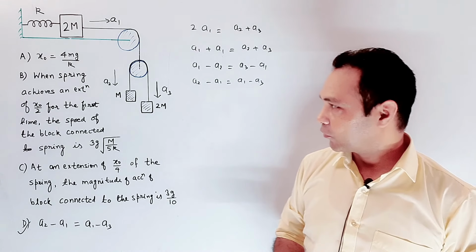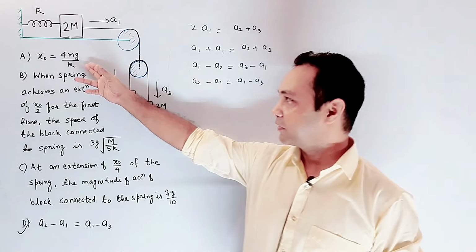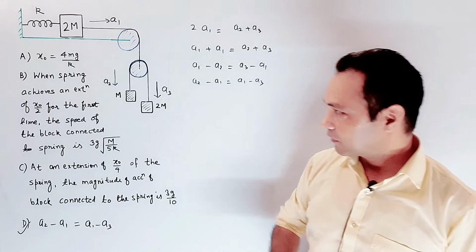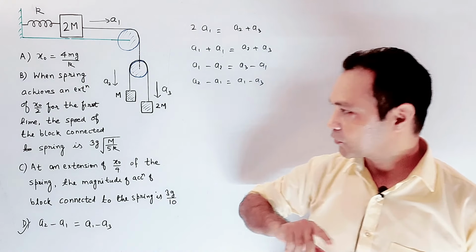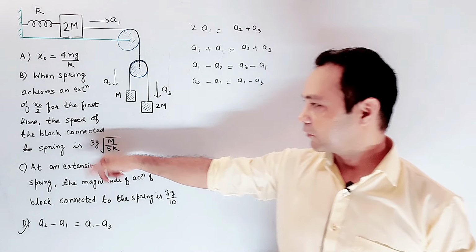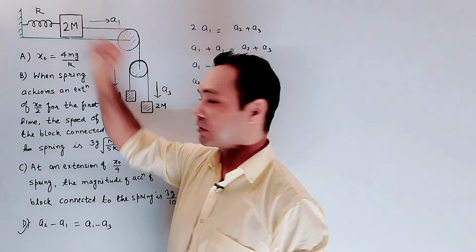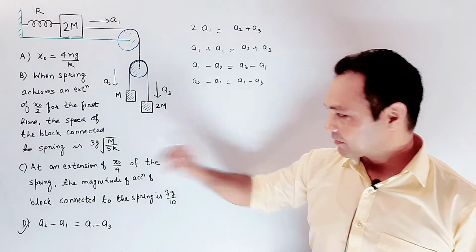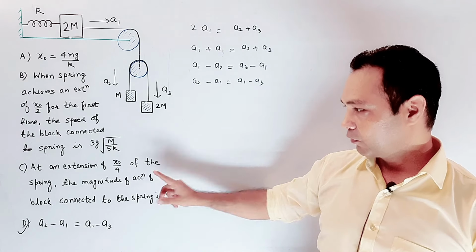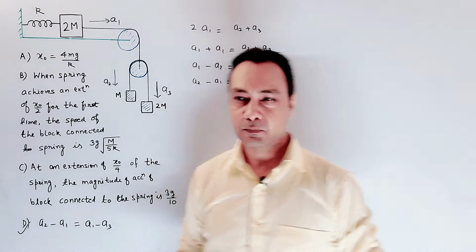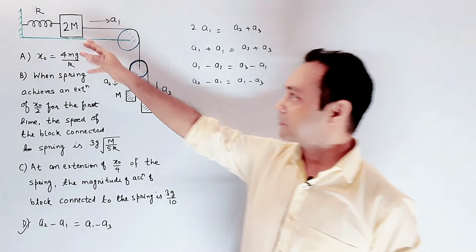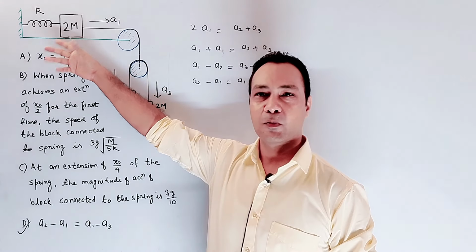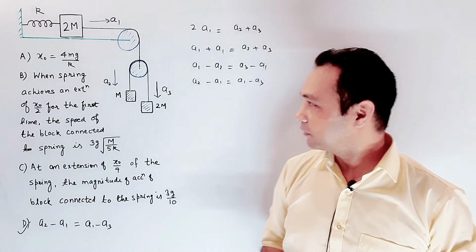Now for the rest of the options, first of all we have to find the maximum extension, and in options B and C, in option B, we have to find the speed of the block connected to the spring, meaning speed of this block at that extension, and at this extension we have to find the magnitude of acceleration of this block. So basically we have to find the speed and the acceleration of this block at a certain moment of extension.